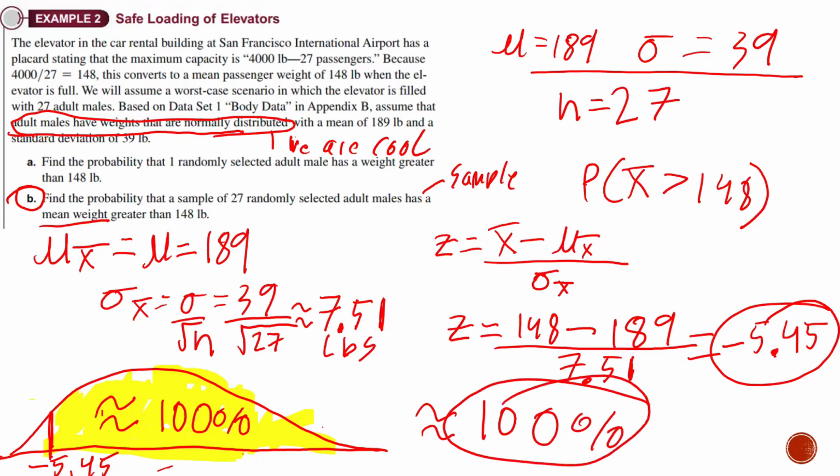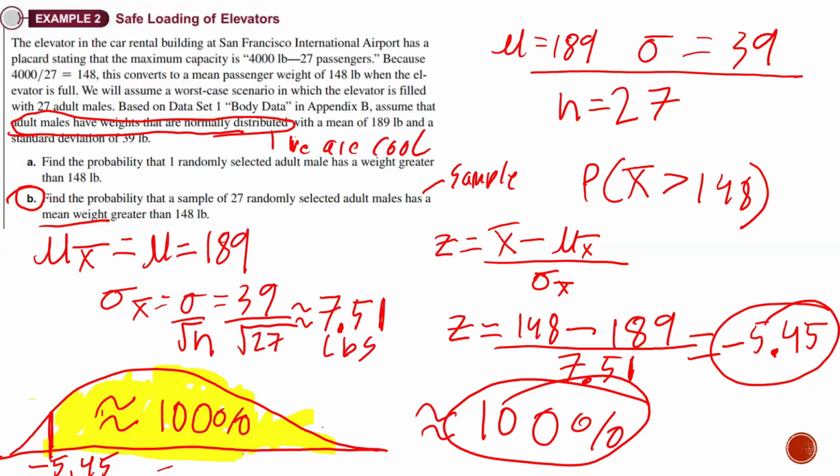Because the other answer would be like 0.9999999, something that's basically 100%. What's the probability that a human being is more than 20 feet tall? You can treat it as if it's 100%. That's fine, at least for this stuff.